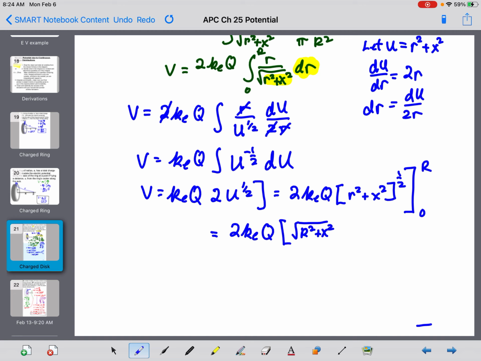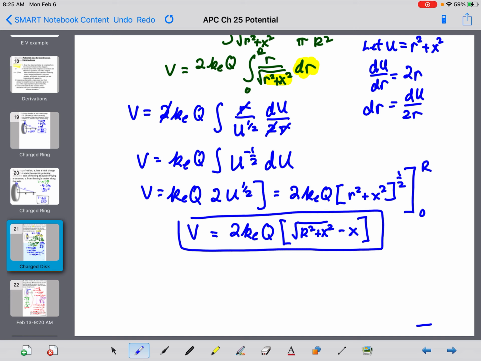And then plugging in 0, well, little r goes to 0, so I have the square root of x squared, which is just x. And there you have it. So this is the equation for the potential on the axis of a disk of charge.